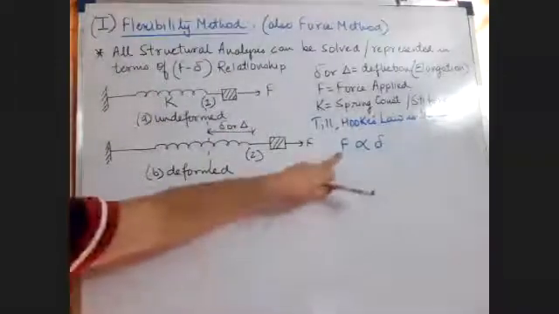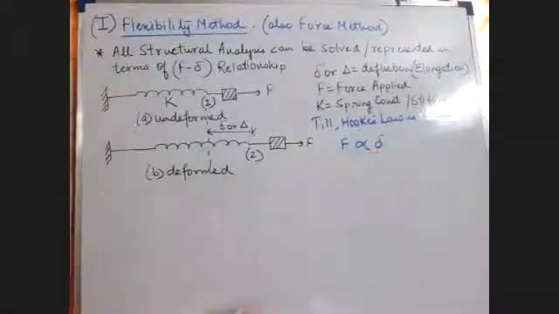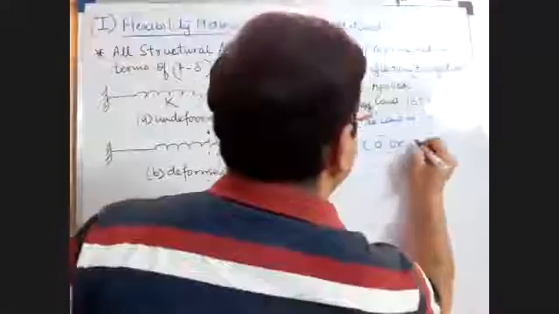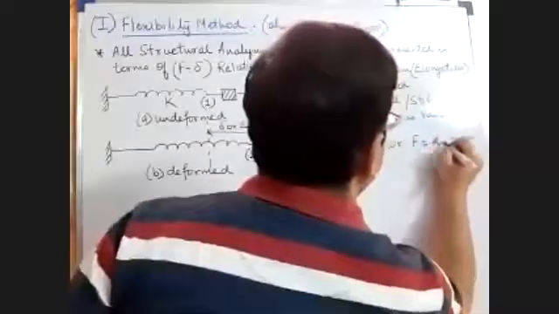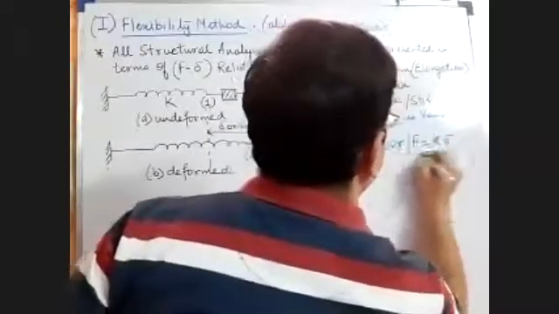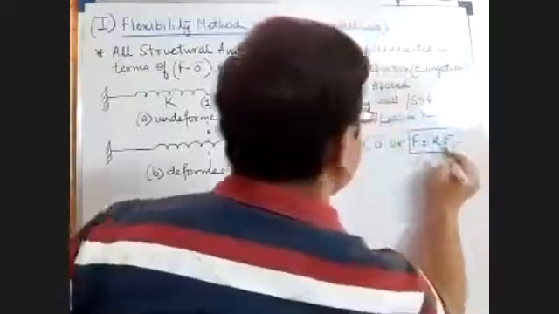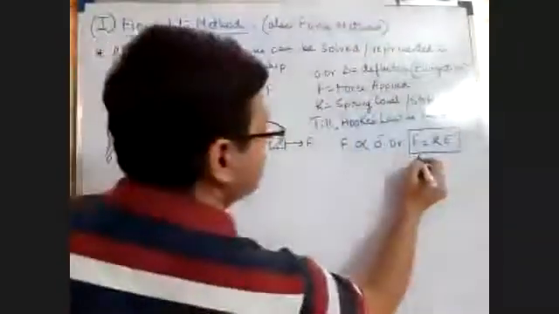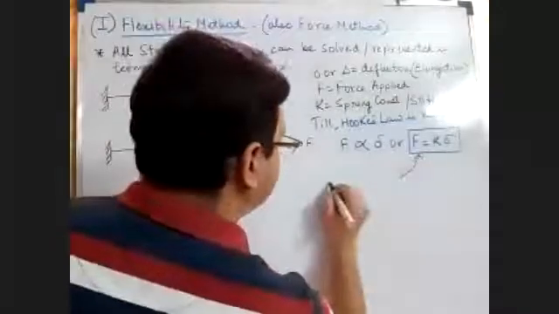The more the force, the more the elongation. So finally we can say F equals K delta. This is the force displacement relationship.